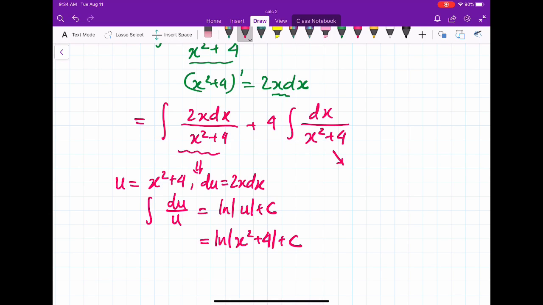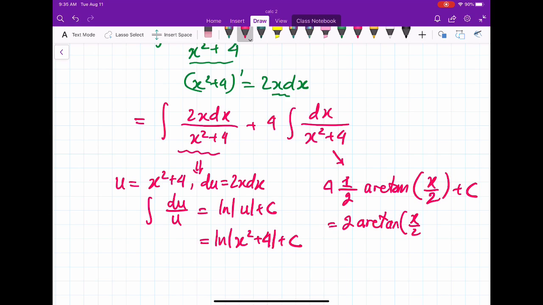For this one, we know that is 4 times 1 over a, right? We use arctangent. 1 over a is 1 over 2. Arctangent of x over 2 plus c. So that is 2 arctangent of x over 2 plus c. Now we need to put it all together.